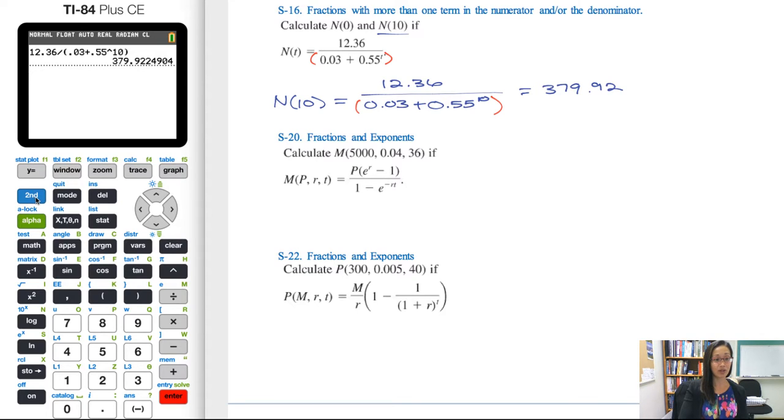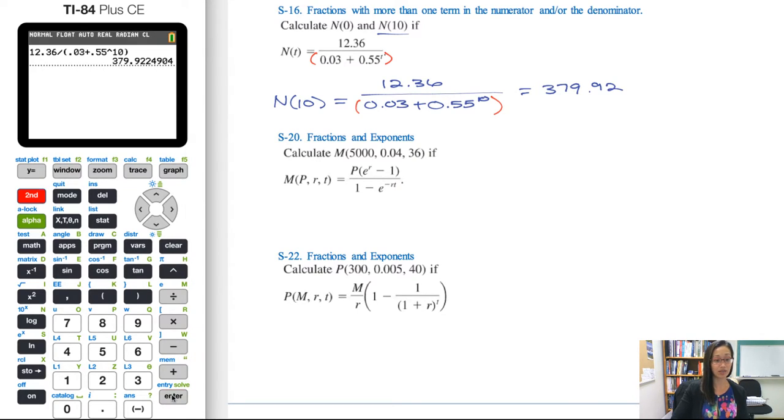Okay? Now, if you want to try it without the parentheses, you'll see that you'll get a completely different answer. So here, I'll show you real quickly. Let me bring up my work from before and watch what happens when I leave out that pair of parentheses. So I'm going to delete the parentheses and now press enter, and notice that you get a completely different value. So 412 is not the same as 379.